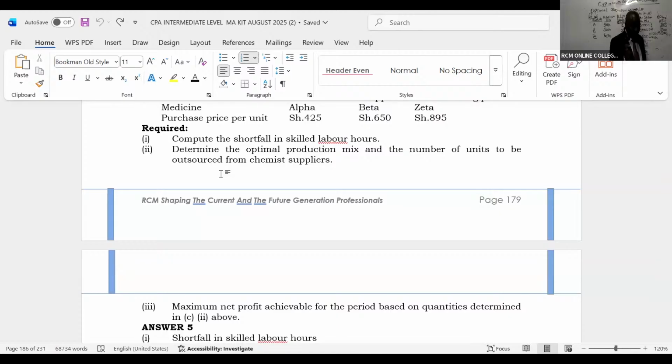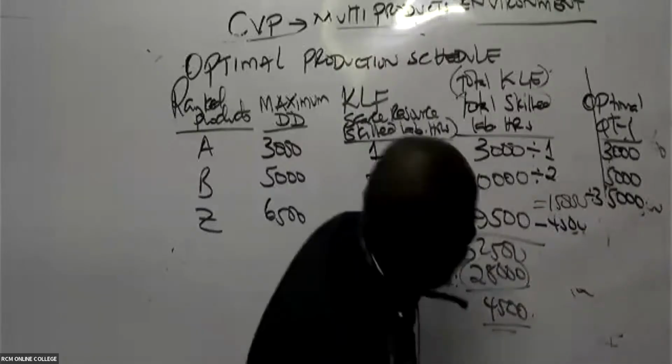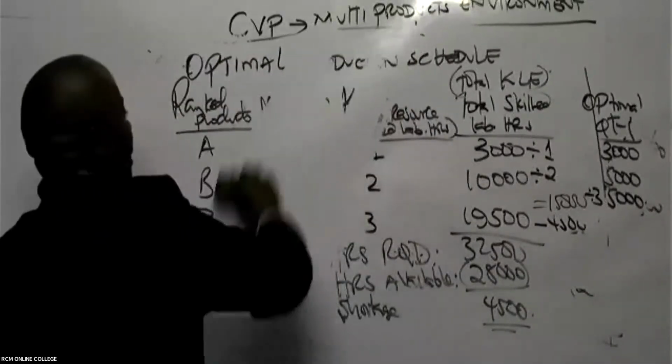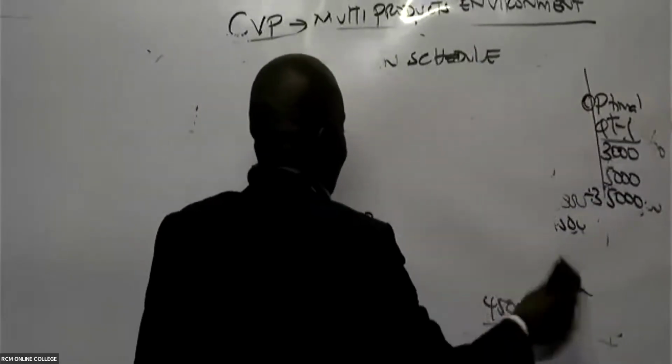So the optimal production mix I already have gotten. What I haven't gotten is the number of units yet to outsource. To get the number of units yet to outsource, it's very easy. The easiest. So still I'm working on number 2.